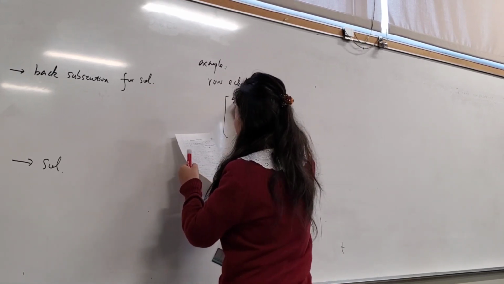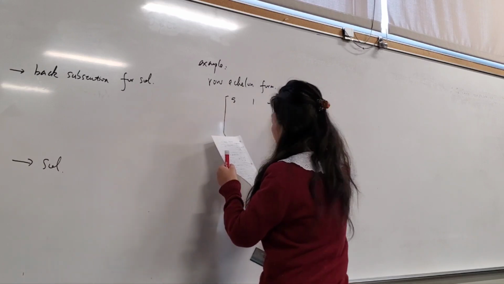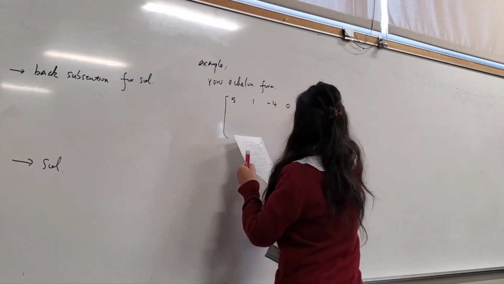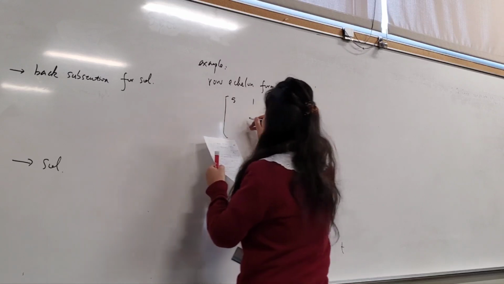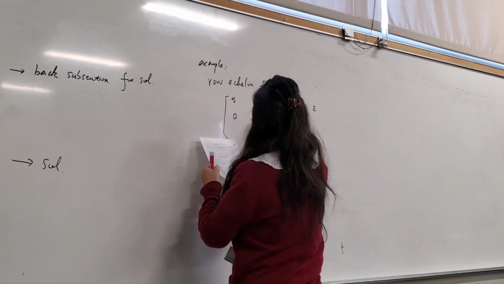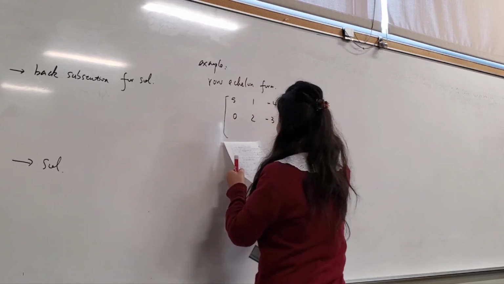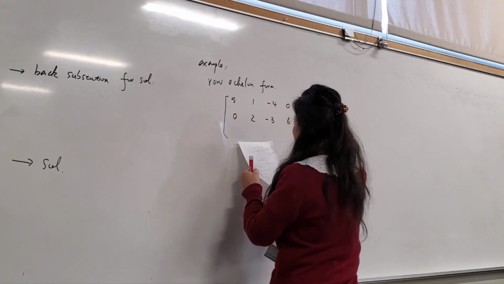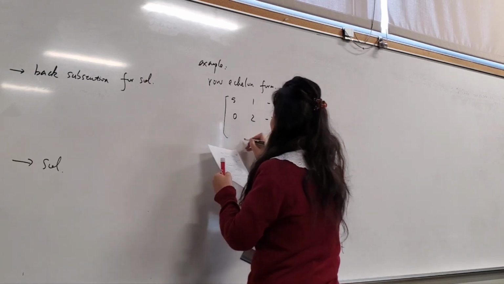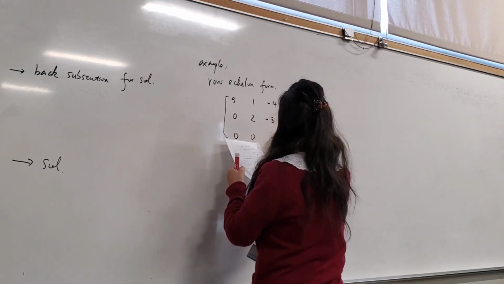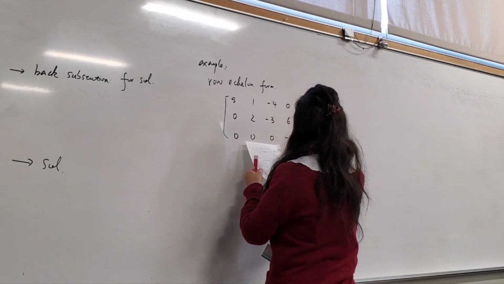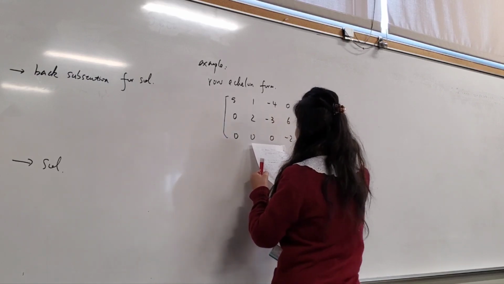Let's say I have 5, 1, negative 4, 0, 9, 2, 0, 2, negative 3, 6, 7, 31, 0, 0, 0, negative 2, 4, 9.